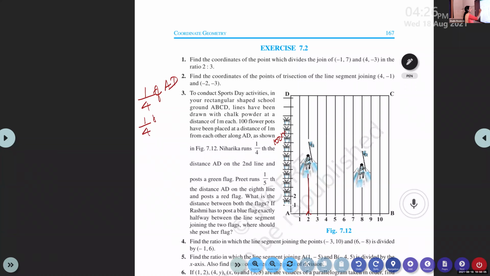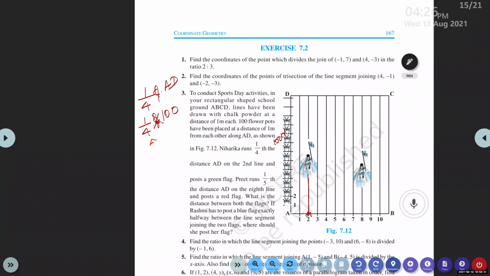So can you give the coordinates of Niharika? What are the coordinates of Niharika?